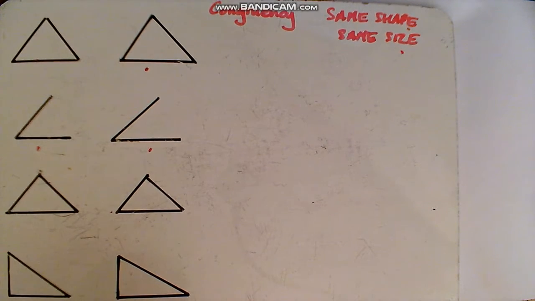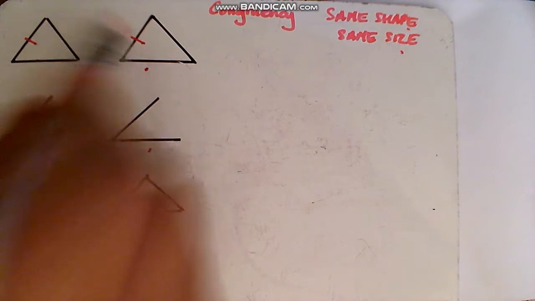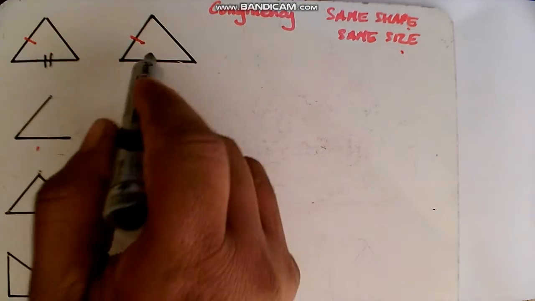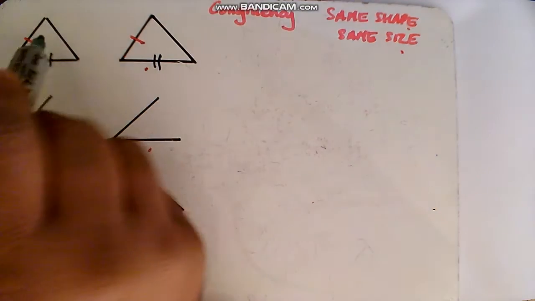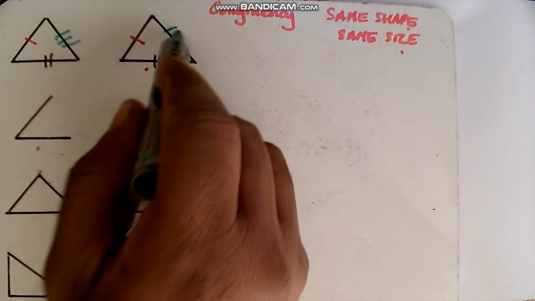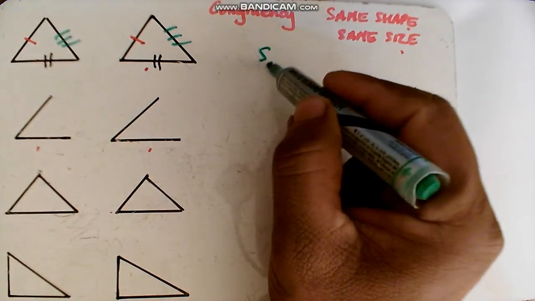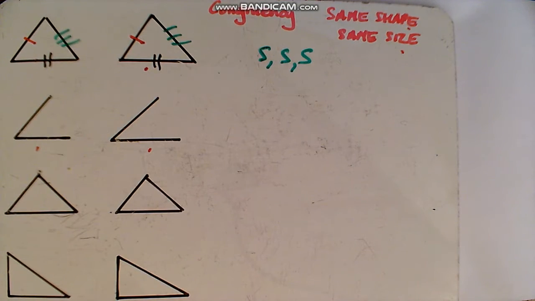Now, if we're looking at those two triangles, we could be given that this side is equal to that side, and this side is equal to that side, and the other side is equal to the other side. Okay, we can then say that those triangles are congruent, and the reason will be side, side, side.